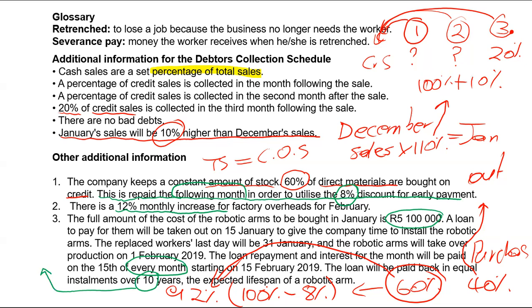In 10 years, how many months do we have? In 1 year, we've got 12 months, meaning that in 10 years, we will have 120 months. So for me to get monthly repayments, I'm simply going to take this 5.1 million and divide it by 120 months.